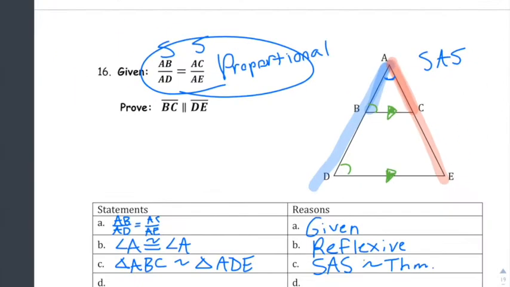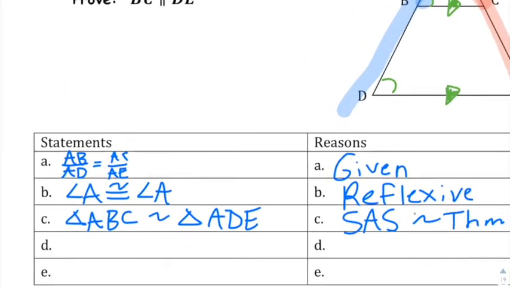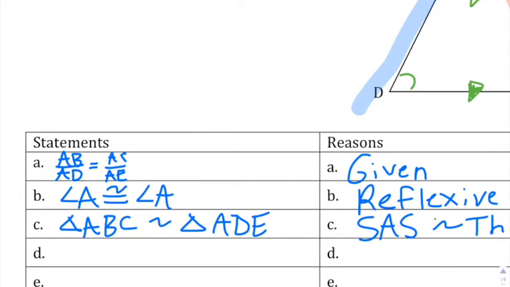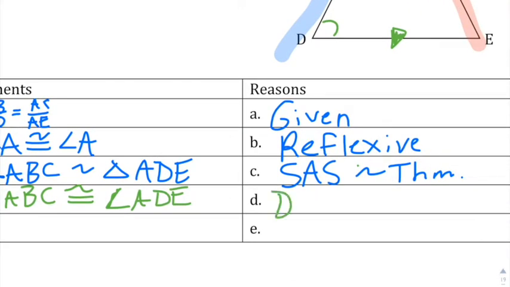And since my triangles are similar, those corresponding angles have to be congruent. So we're going to say angle, I guess ABC is congruent to angle ADE. Alright, you can say something about definition that goes back to, well, we're similar, so therefore everything else is proportional or congruent. So we can say definition of similar polygon.